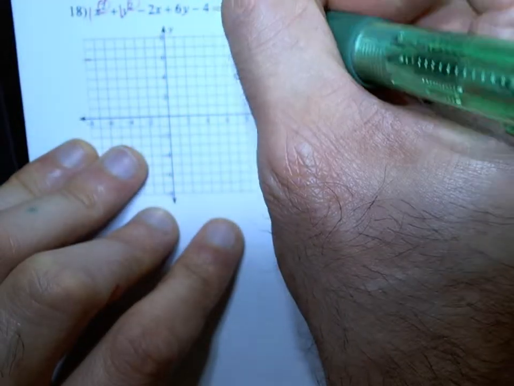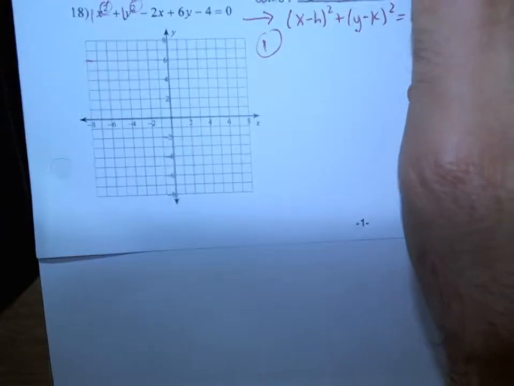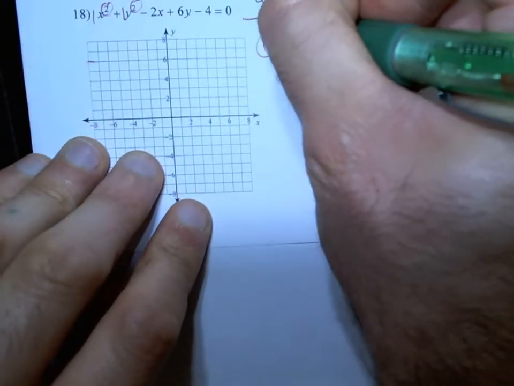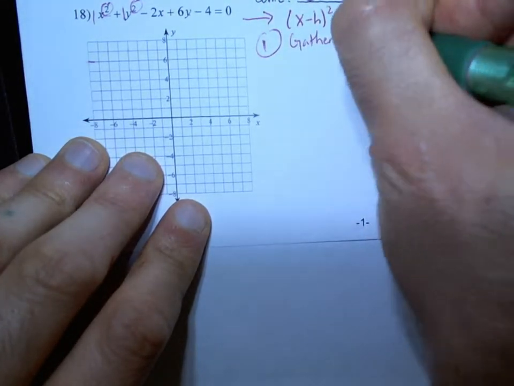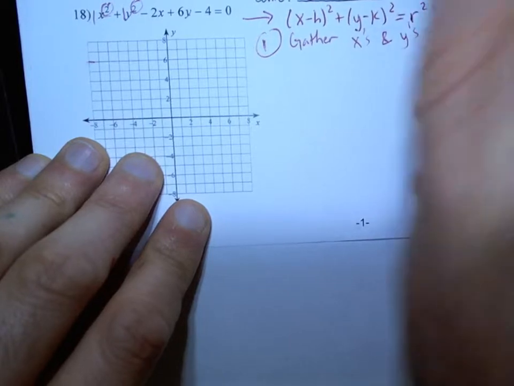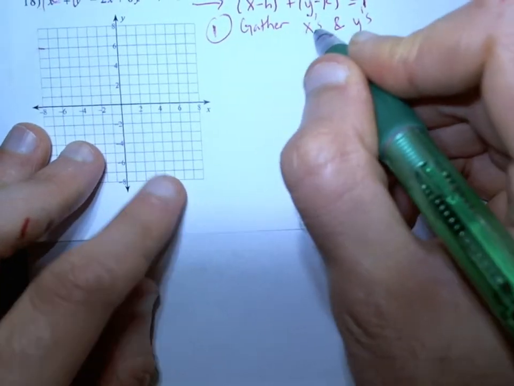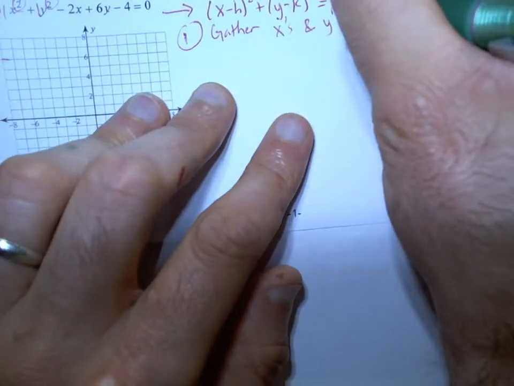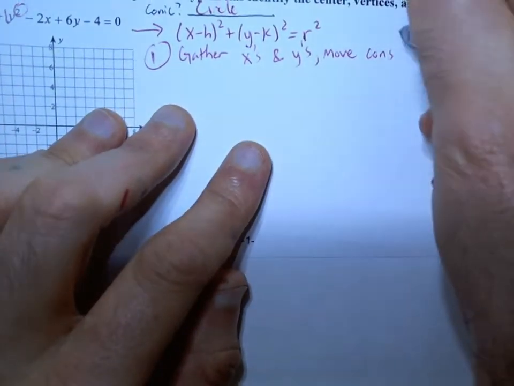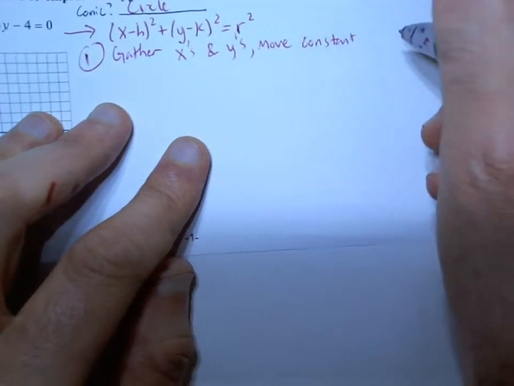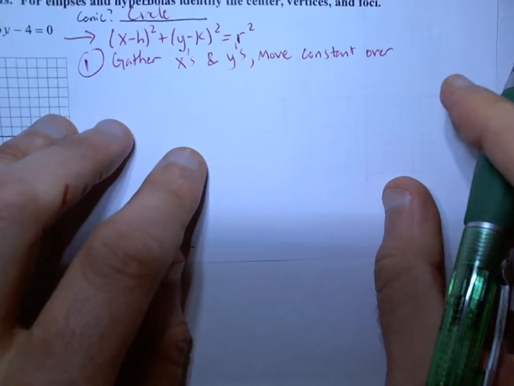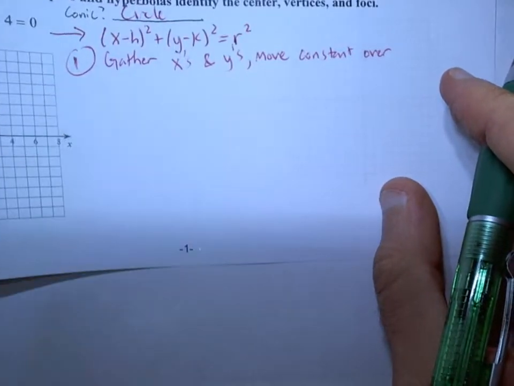First step we want to do is gather the x's and y's together, and then let's move the constant over.